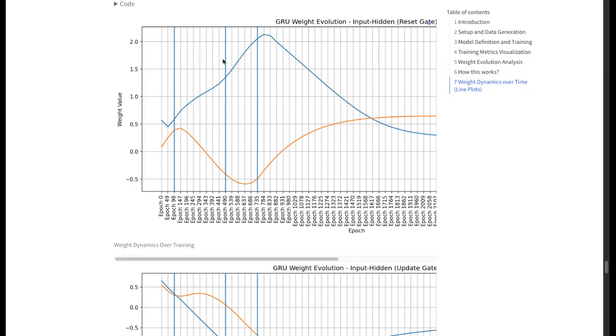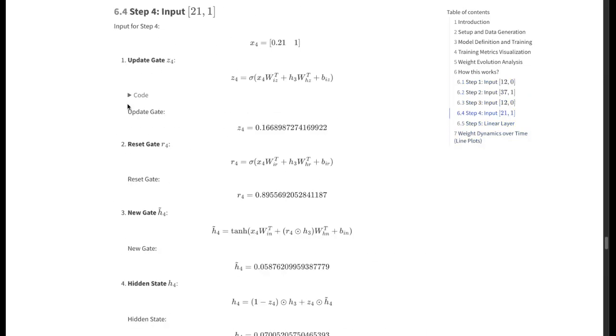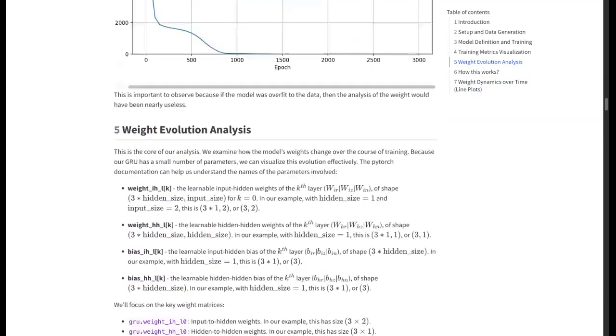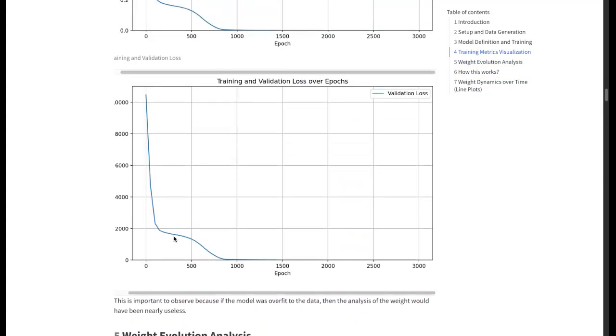Also, note one really important thing. I noted these three lines: epoch 100, 500, and 750. And that's because these are the points where the training changes a lot.